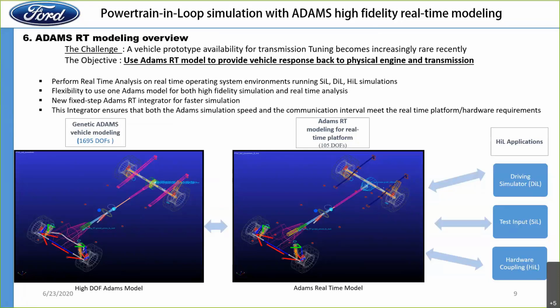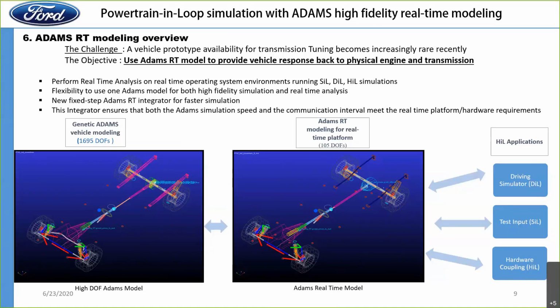So the alternative is to use the real-time model to provide the real vehicle response feedback to the engine and the transmission. Therefore, this model needs to be representative of the real vehicle.